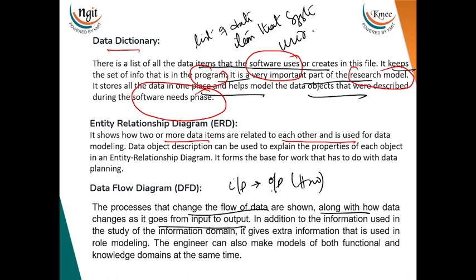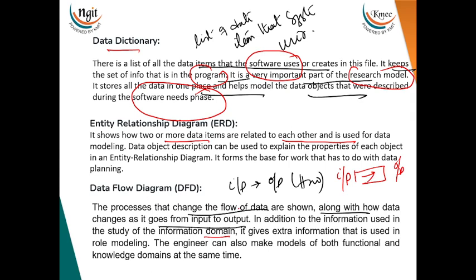Next, coming to the other part, we have the data flow diagram. What do you mean by a data flow diagram? It shows the processes that change the flow of data, the flow of information, and how the data changes as it goes from input to output. This is the input, this is the output, correct.